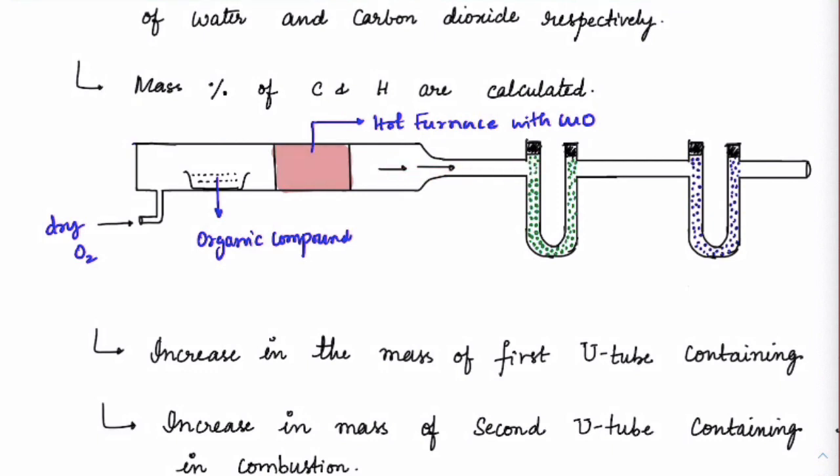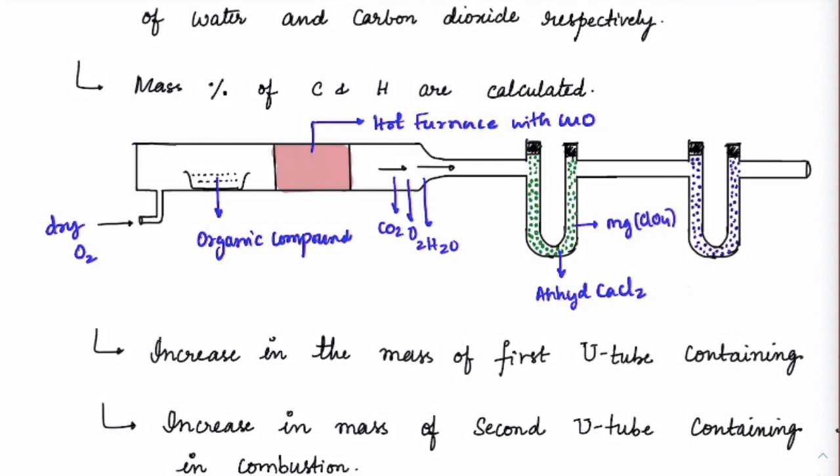So what are the gases we can expect to come out of this? We can have carbon dioxide, H2O, as well as O2. These three will come out, and we will let them pass through a mixture here of anhydrous calcium chloride, or we can use magnesium perchlorate.